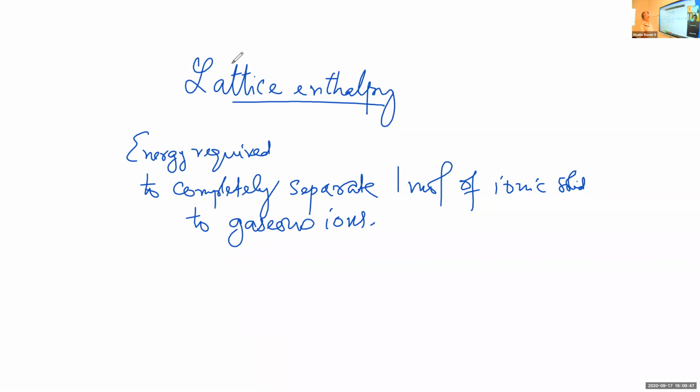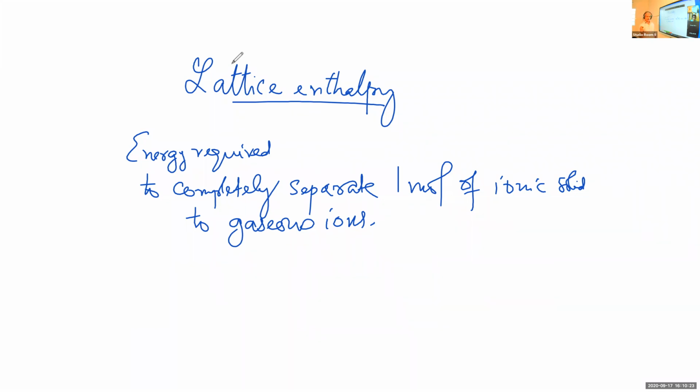An ionic compound is composed of positive and negative ions, and you take one mole of an ionic solid and you heat it, then the ionic solid is converted into gaseous ions, positive and negative ions. The energy required to separate one mole of ionic solid into gaseous ions is called the lattice energy or lattice enthalpy.